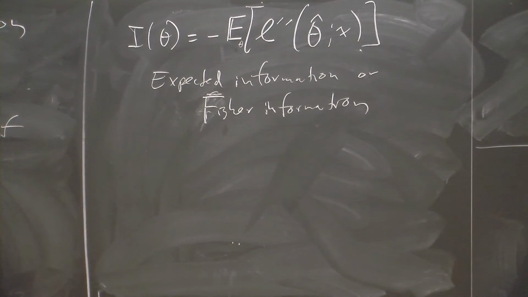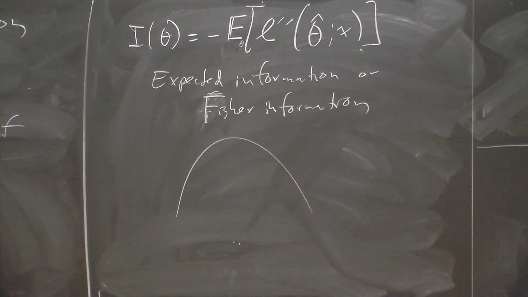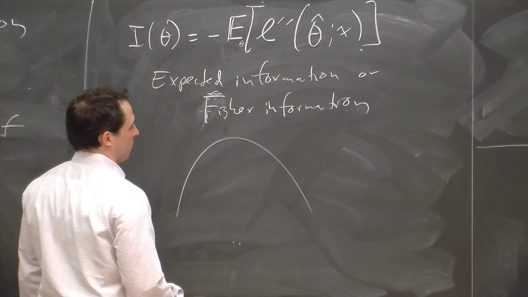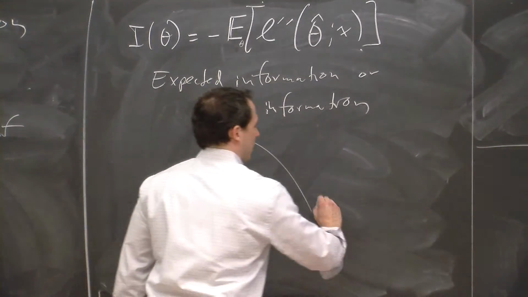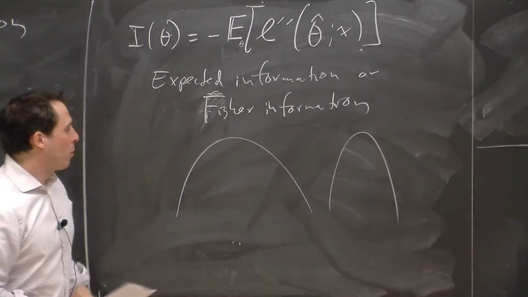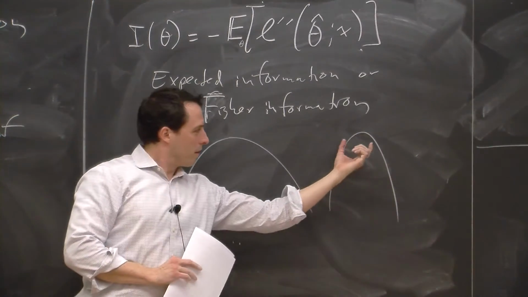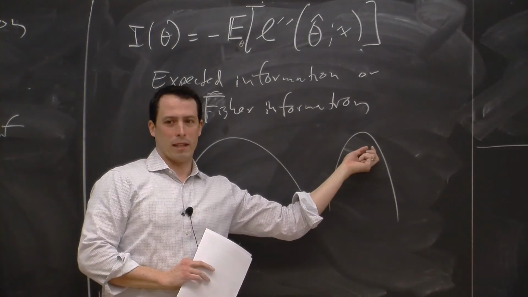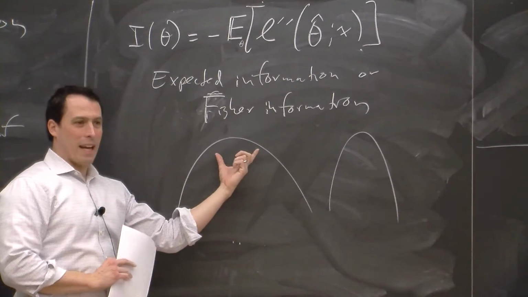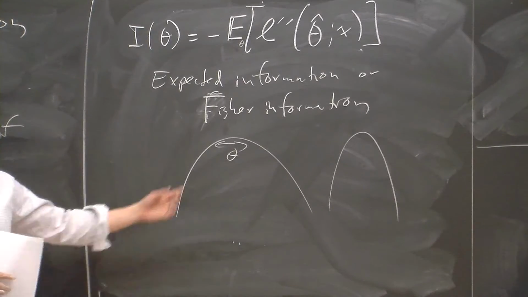So I draw a curve. What does the second derivative of that curve tell you? The rate at which the derivative changes. So based on how drastic the second derivative is, it tells you how flat or how steep. Exactly, right? We want to be in a situation more like this than like that. The tighter this curve is, the stronger that second derivative is, the more information we have about where the maximum likelihood is. As this gets flatter, it's easier for our guess as to what theta is to move around.